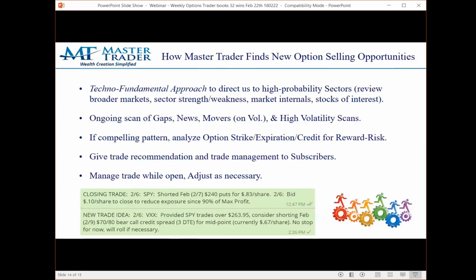So we sold those $240 puts for 83 cents. We closed them at 10 cents. So we made 90% of our max gain in one day. The VXX I told you about. So see, the VX volatility ETFs, we trade with the spiders. They're two tools that we trade together.